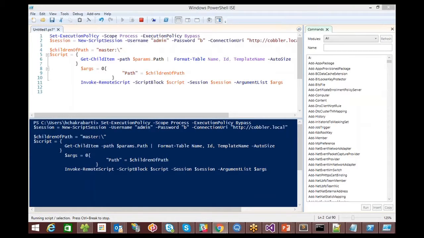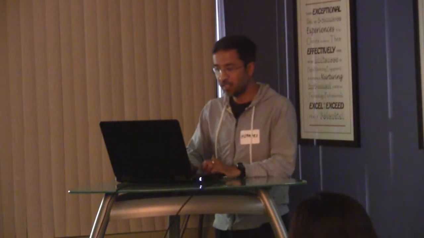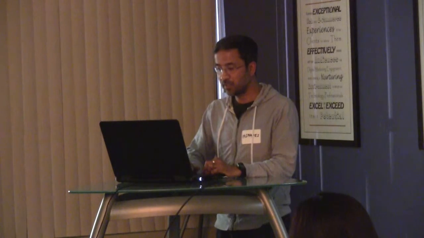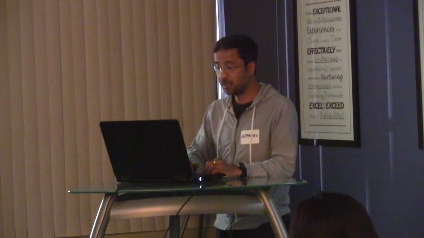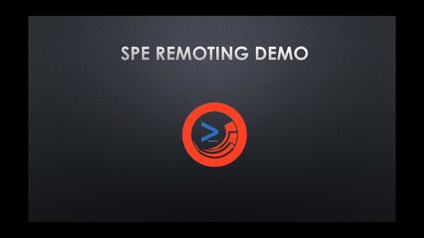So, but I think I made my point about running the remote script from outside. So when the execution is done, you can come back and see the result, and we can move on with the presentation. Okay, so that was the remoting demo.